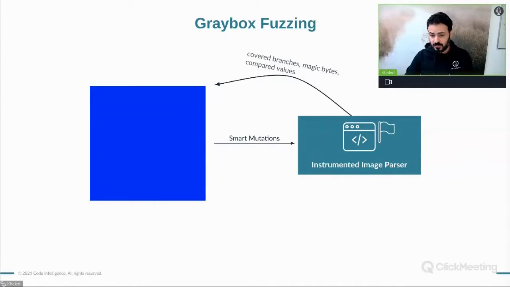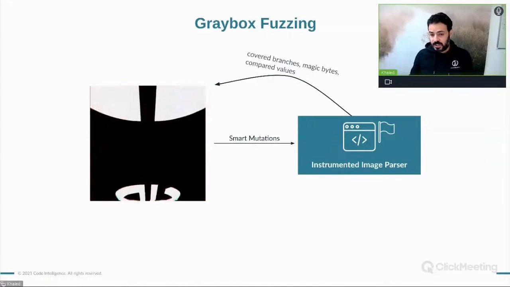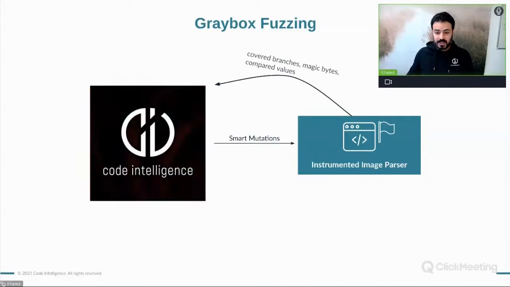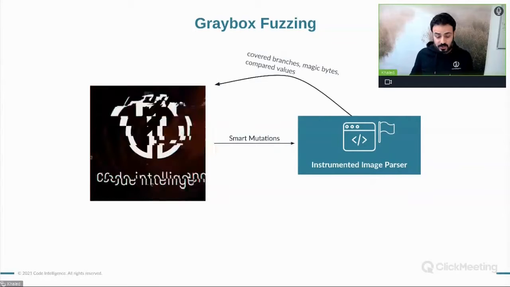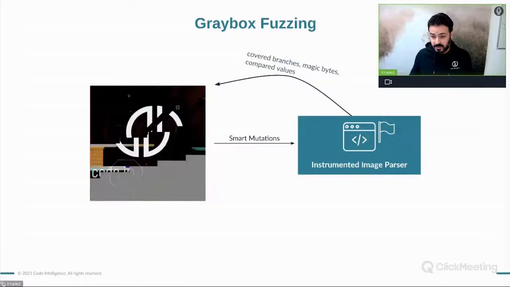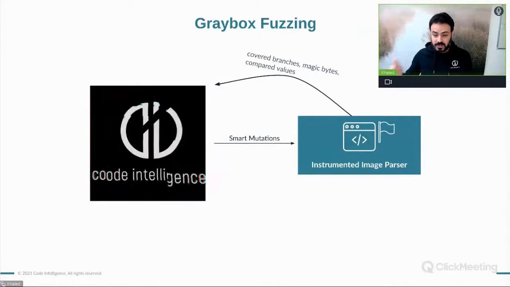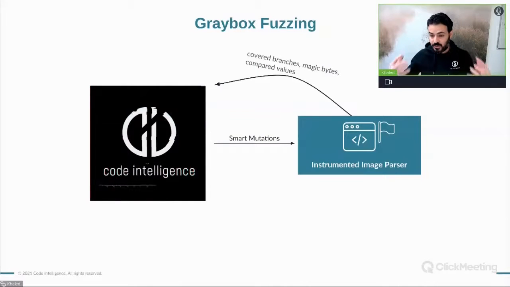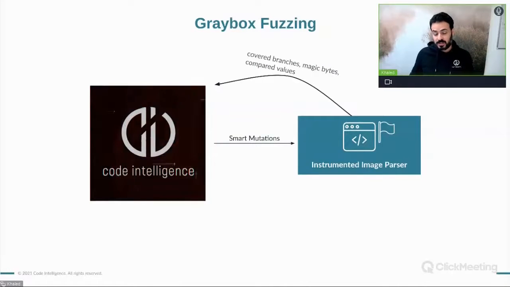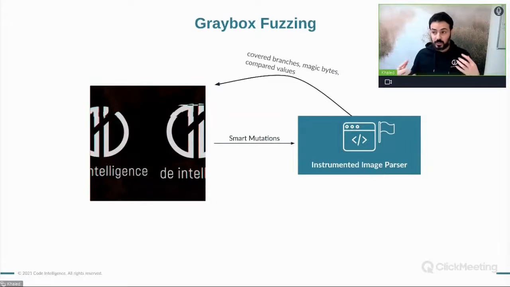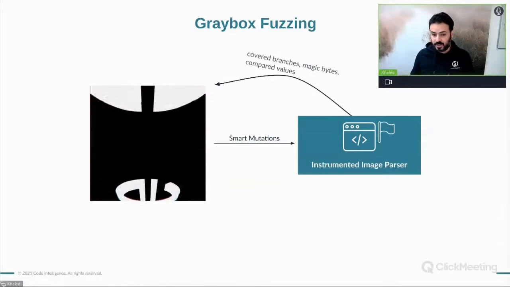And our fuzzers are really fast. They can execute hundreds of thousands of times per second. And with this feedback loop, they learn what inputs, or how the inputs should be structured, to be accepted by the application.